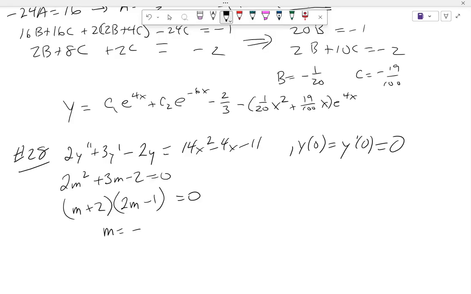So your roots are negative 2 and 1/2. So what's your homogeneous solution look like? Good. That okay?